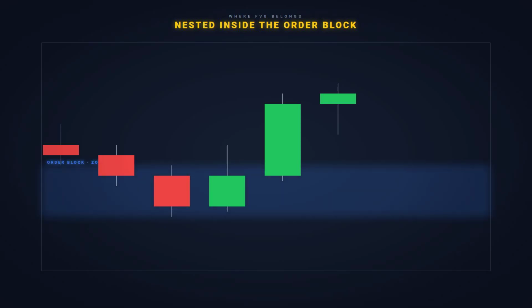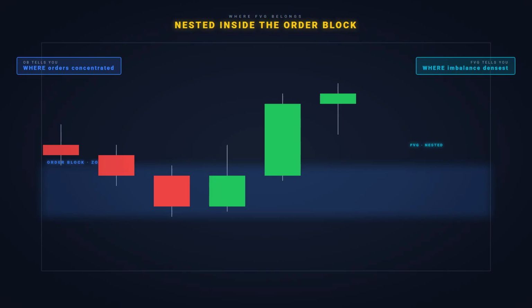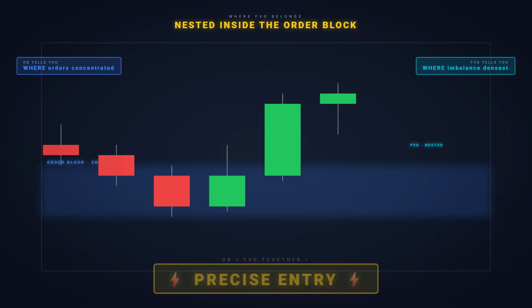Now, on the lower time frame, inside or just at the boundary of that OB, you look for an FVG from the original impulse that created the OB. That FVG is nested inside the institutional zone. The OB tells you where smart money's orders are concentrated. The FVG inside it tells you exactly where inside that concentration the imbalance is densest. Those two things together give you a precise entry, not an approximation.